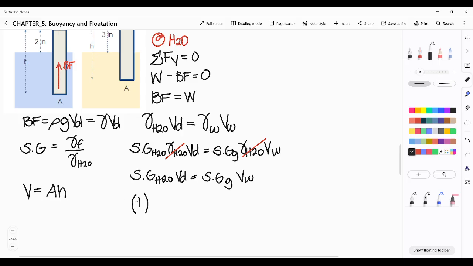Our volume is equal to the area times the height. But we know what we need is this, the draft. In this case, this height is h minus 2 inches. So we would write that down. Area times h minus 2.